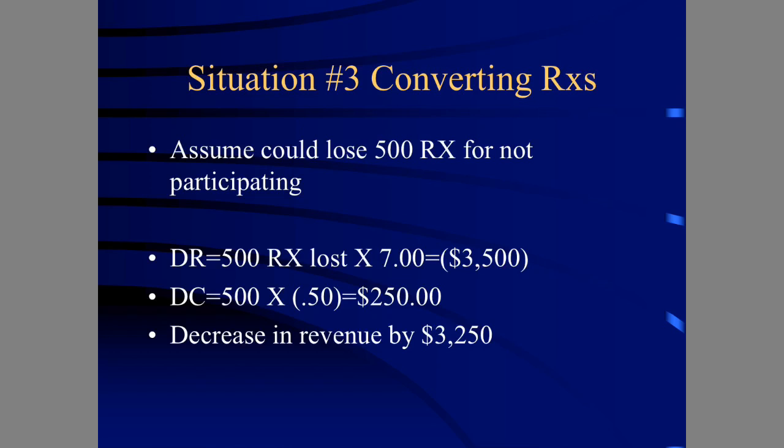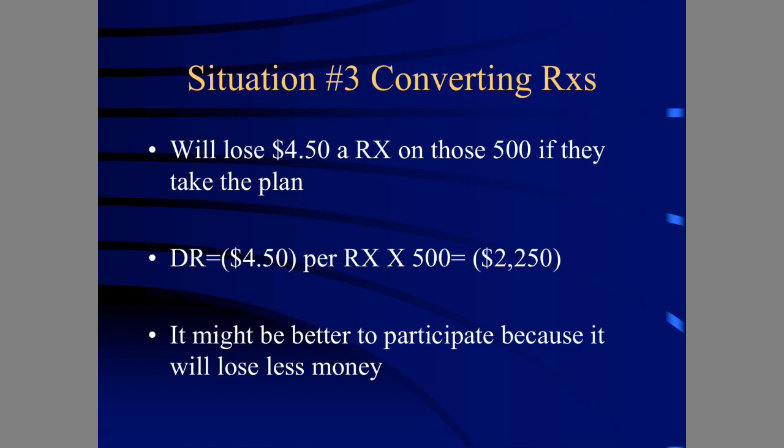So I'm going to see a decrease in revenue. If these people stay with me, it's about $3,250. So I'll lose $4.50 on a prescription on those 500. And so my direct revenue per claim was 2,250.